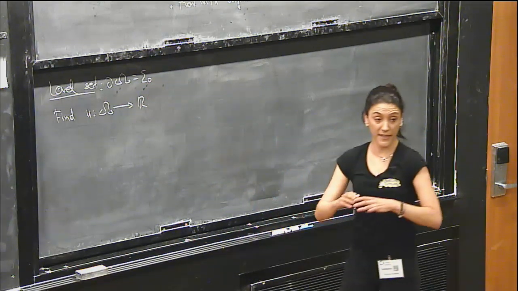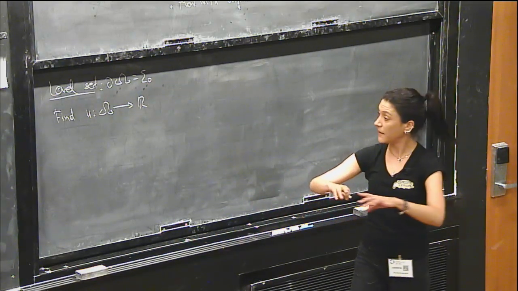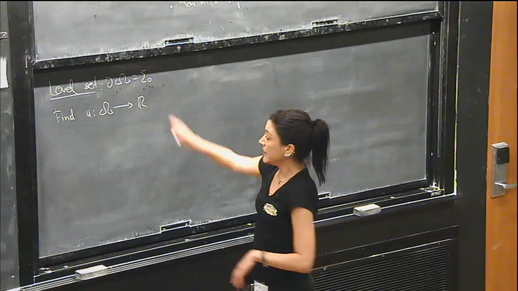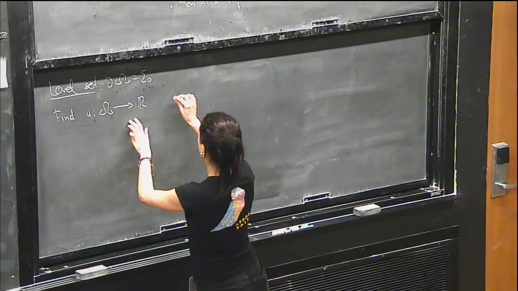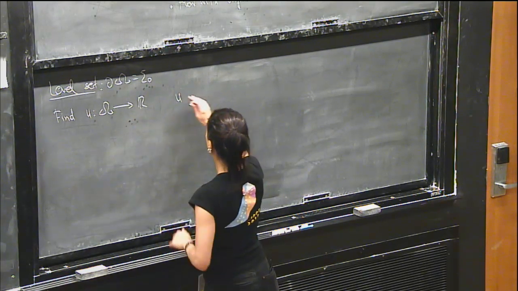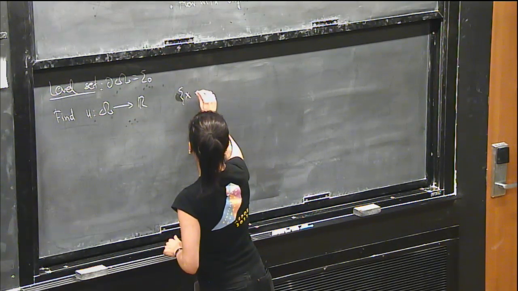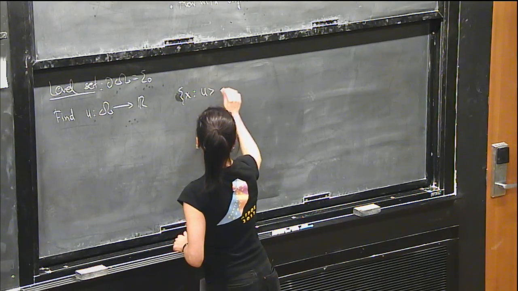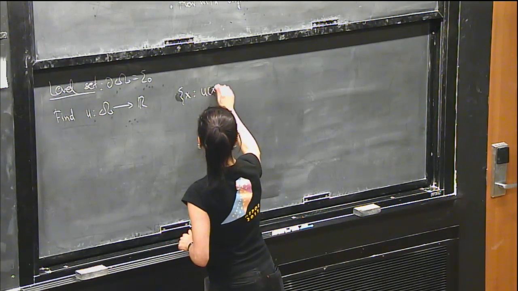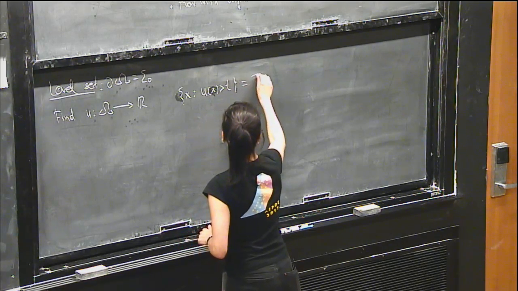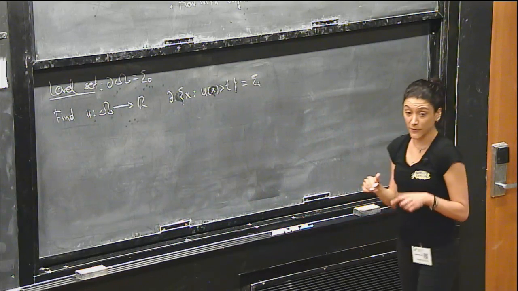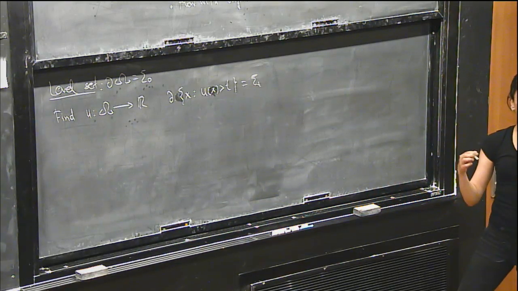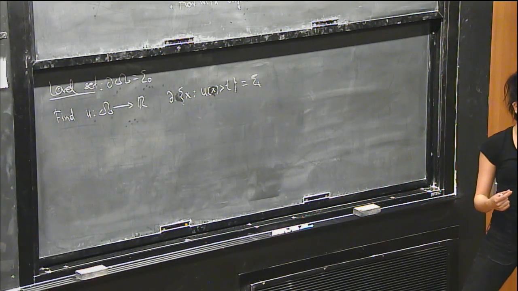Okay, so omega is the region that is enclosed by the initial surface, and you want to find a function u over omega that satisfies the following. The level sets of your function u will be exactly the surfaces sigma t.